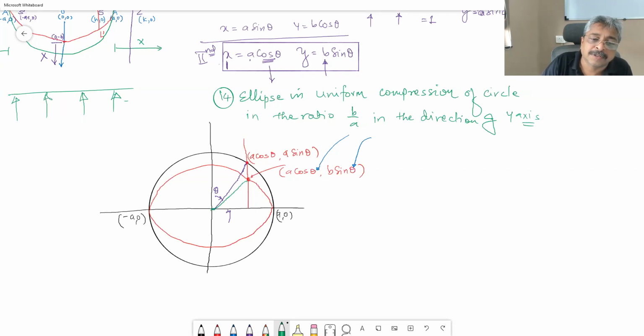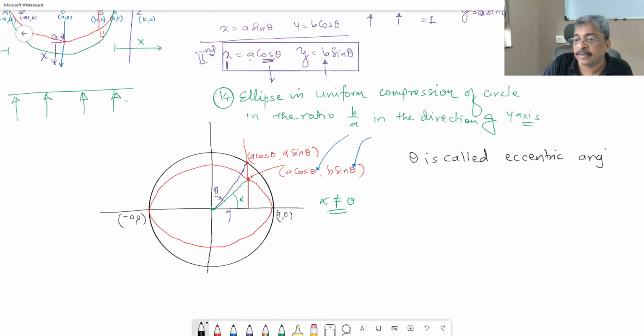Understand the difference. This is alpha. Alpha is not equal to theta. And this is called the eccentric angle. Theta is called the eccentric angle, because it has something to do with the eccentricity of the ellipse.